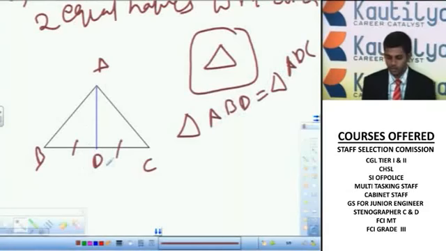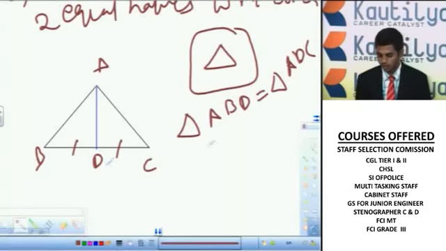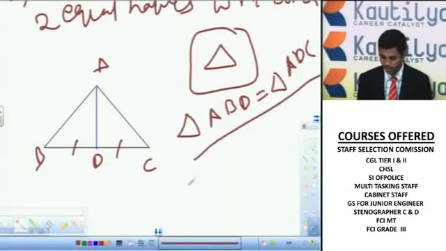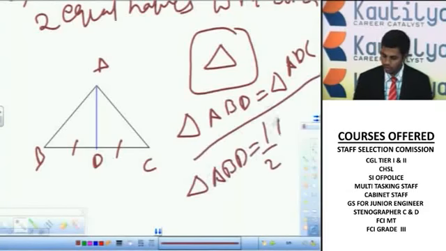That is, a median divides the triangle into two halves in terms of area also. That is, ABD equals ADC, and individually ABD equals half of delta ABC. So these two relations are important.